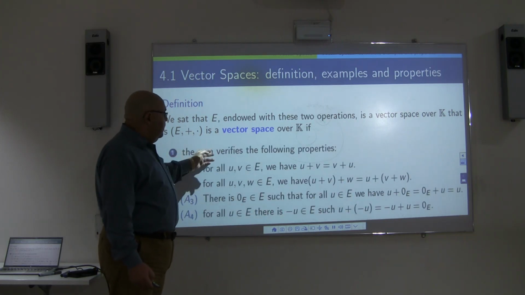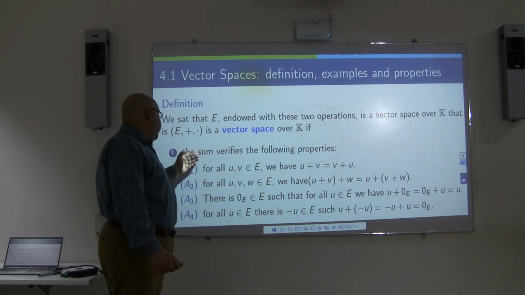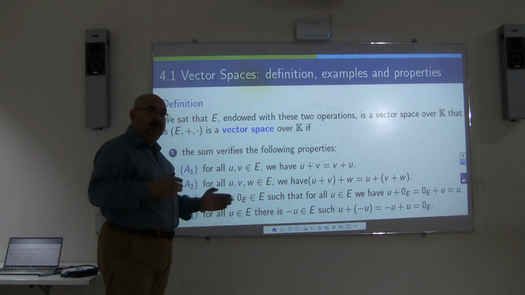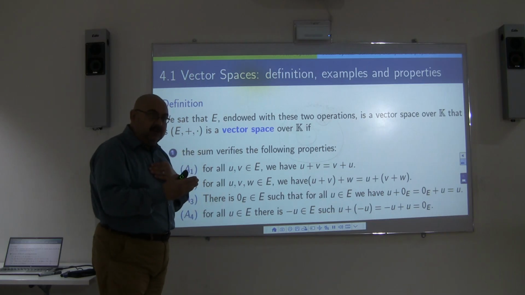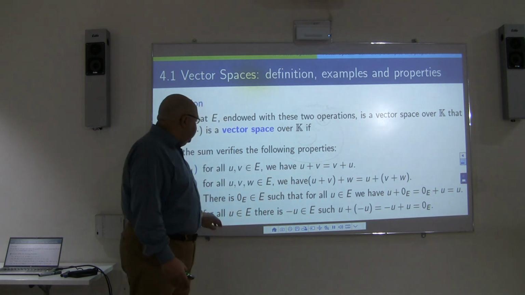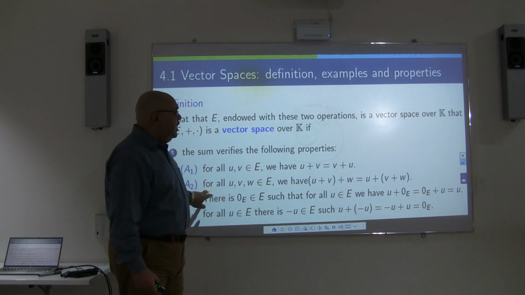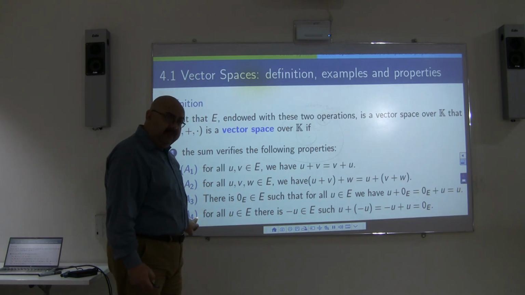Okay, the sum verifies the following properties, which are the properties associated with the addition of two vectors. The first of them, U plus V belongs to E, so you have the addition, the commutativity, the distributivity, the existence of an origin, and the existence of an inverse of a vector.